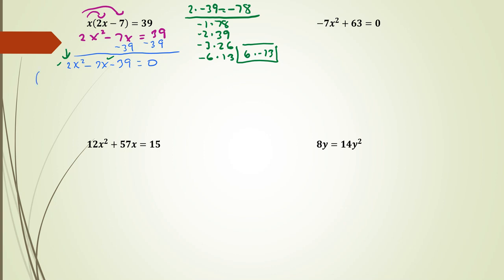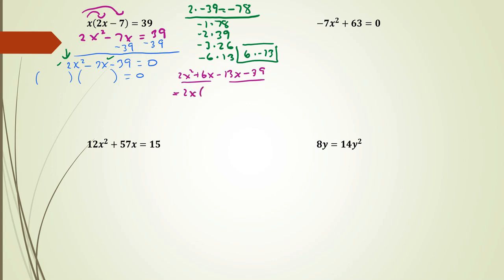So these are going to be factors here, but I'm going to use group factoring to do this. So I'm going to take my 2x squared, and then instead of negative 7x, I'm going to say plus 6x minus 13x minus 39. My goal here is to get that factored.